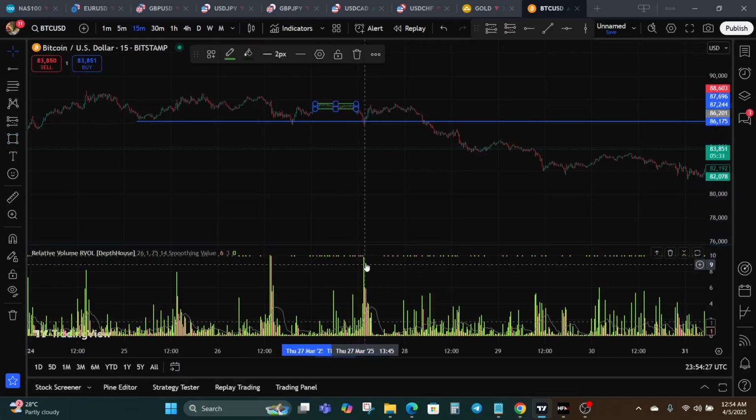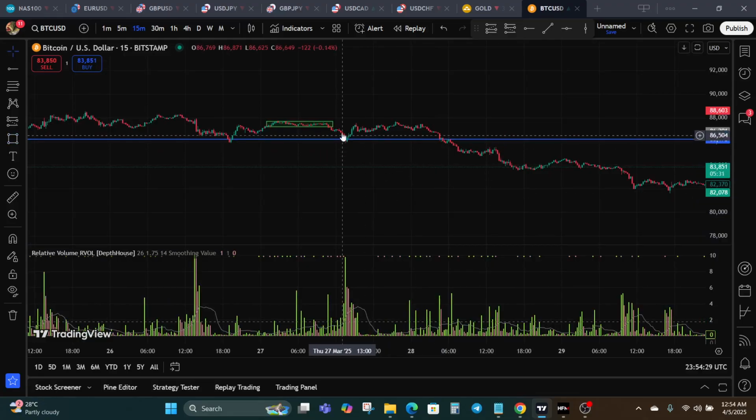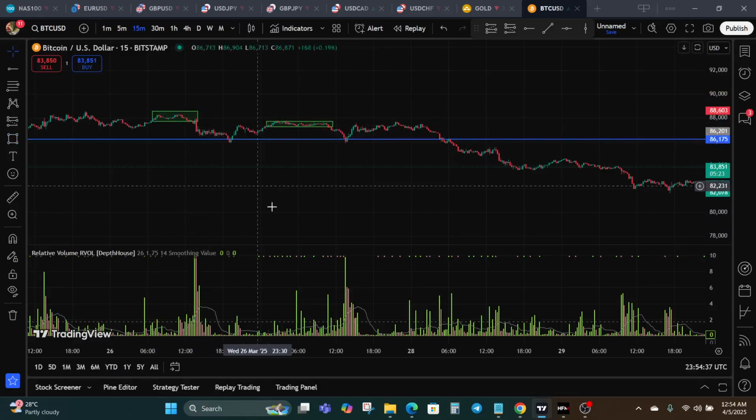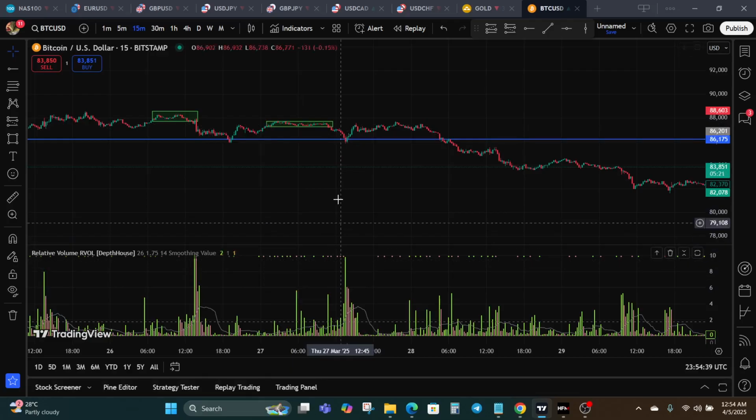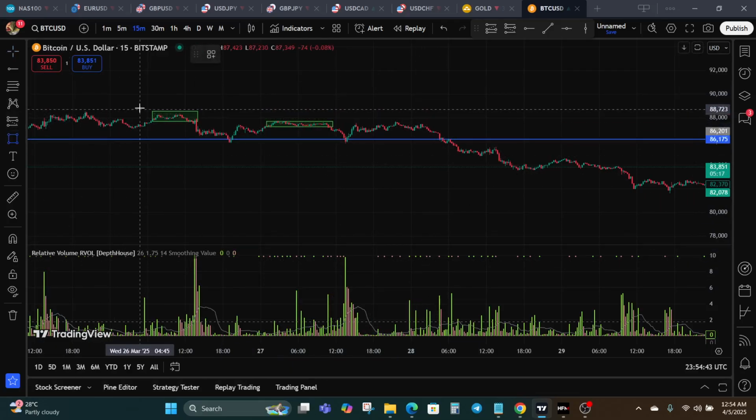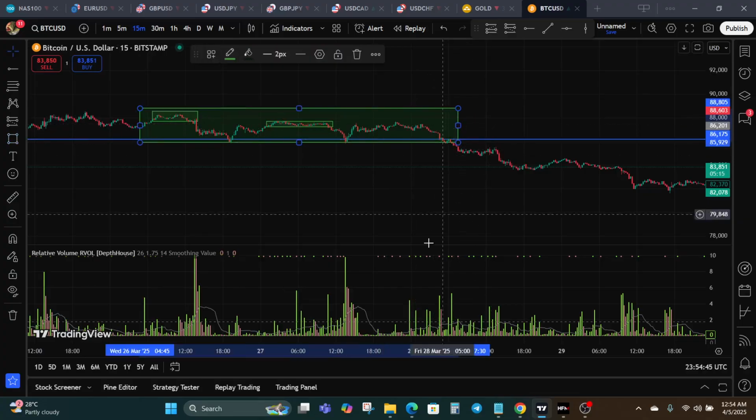You can see there was a spike here before this particular breakout took place. You can see there was a spike here around the time when this breakout took place. You can see spike, breakout, spike, breakout. And then when we had this overall breakout here, you can see there was another series of small spikes as well. So you should be paying attention to all those, knowing when momentum is backing a particular move.